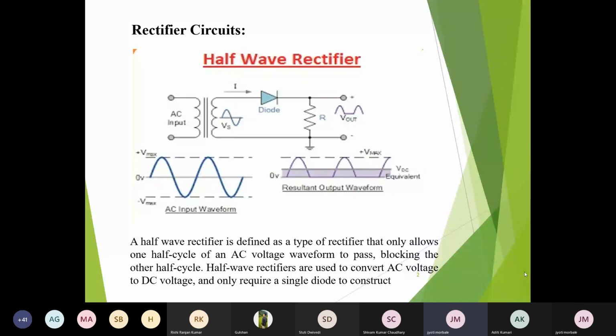Another important use of having the transformer at the initial stage is that it provides isolation from the power line. We do not connect the diode directly to the power line. In between the power line and the diode, the transformer acts as an isolator. So it avoids the risk of electric shock.